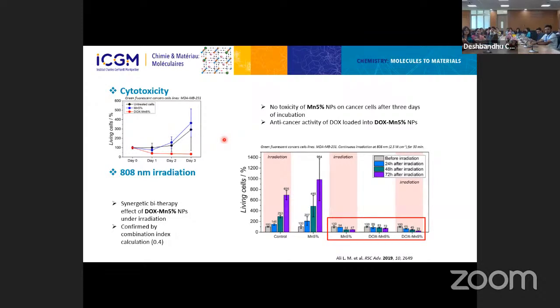Do you have literature supporting this? Sorry, you mean about the use of doxorubicin? Yeah. Oh yeah, doxorubicin is a very well-known anti-cancer drug that is used even for humans and which is approved. So yes, there is a clear effect of doxorubicin as an anti-cancer drug.